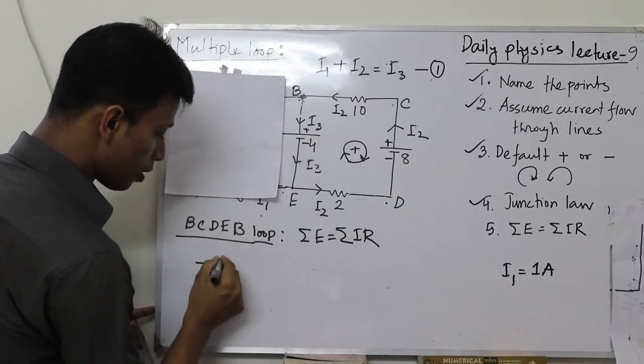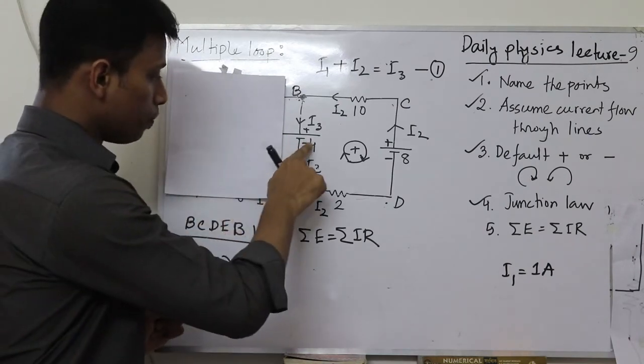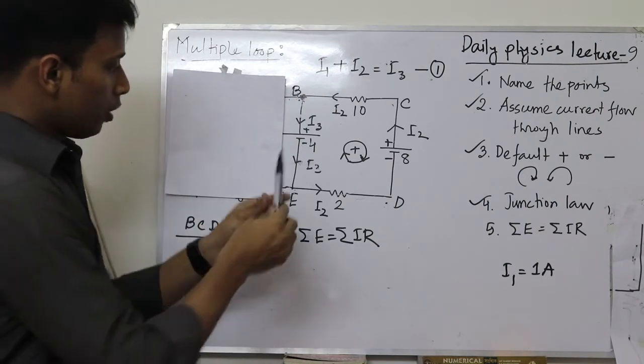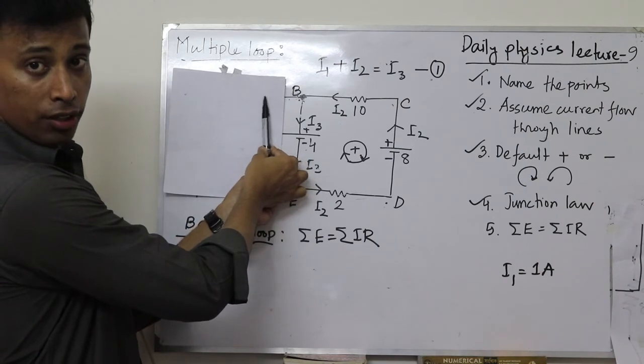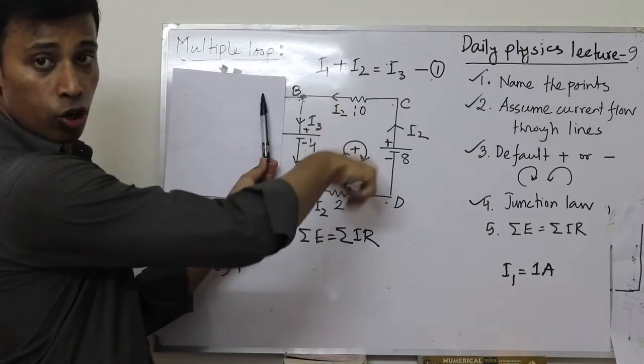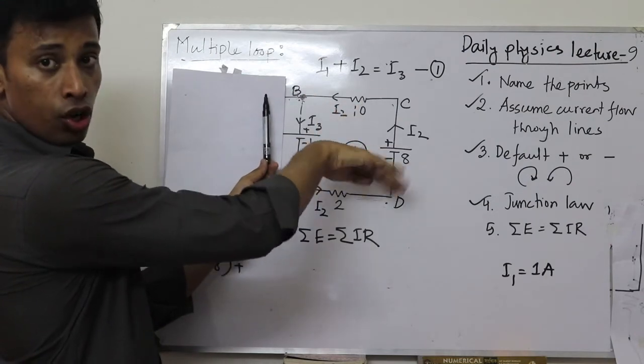So let's write -8 plus. We have one more cell, and that's 4. So here, negative to positive, so that's the direction of the 4 volt, right? So now, this is our loop, and our default positive direction is clockwise.